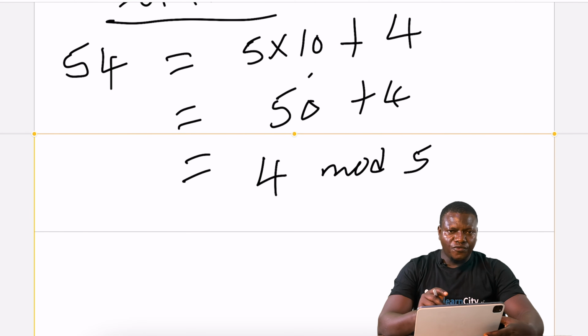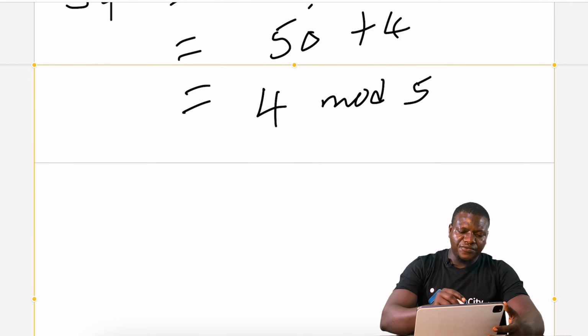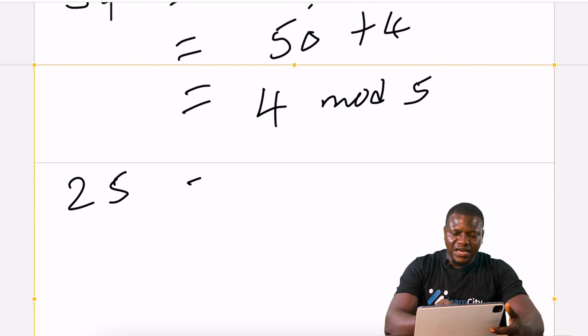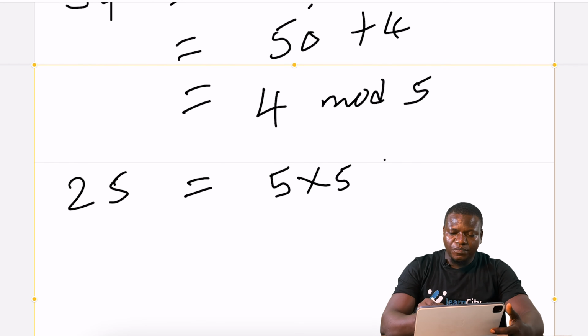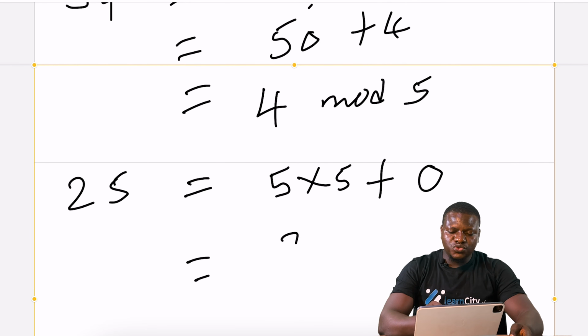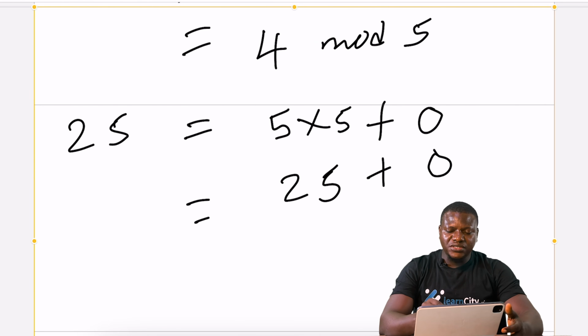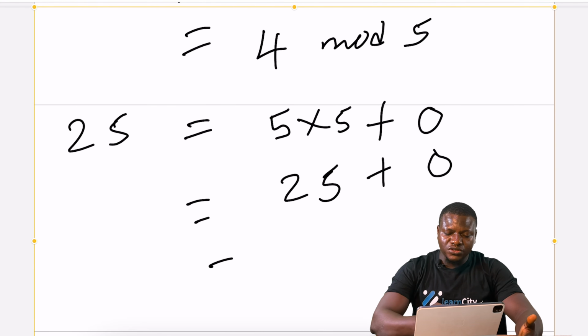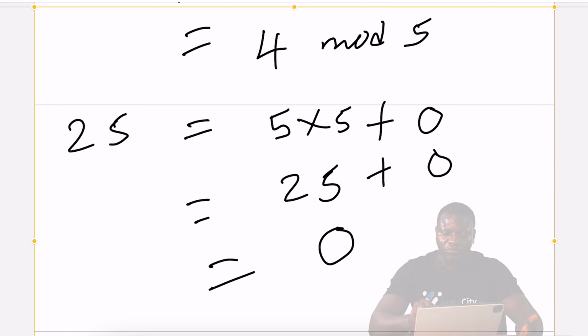Also for 25, our 25 in modulo 5 is 5 times 5 plus 0. 5 times 5 is 25, plus 0. Because 25 is a multiple of 5 and we are working in modulo 5, we forgo 25 and have 0 mod 5.